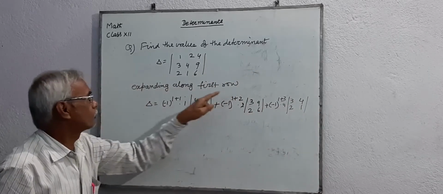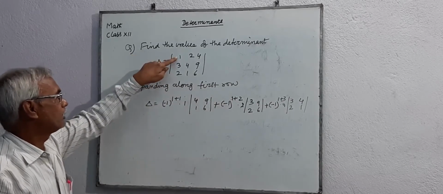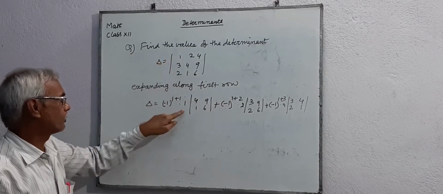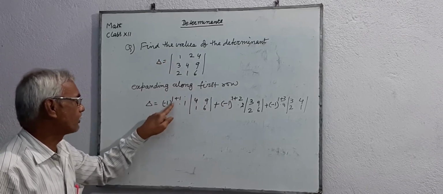Taking along the first row, 1 is the element in the first row and first column, sign minus 1 to the power row plus column.